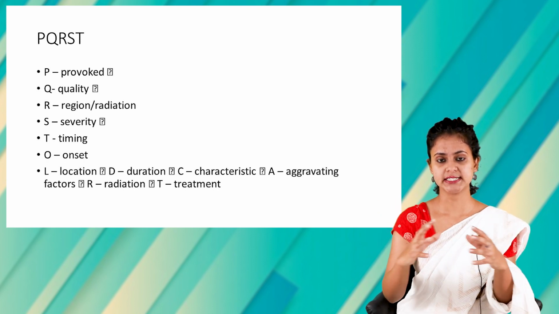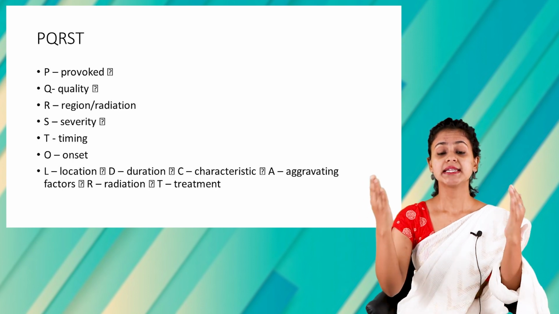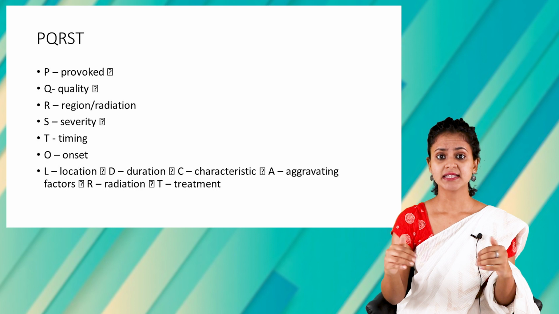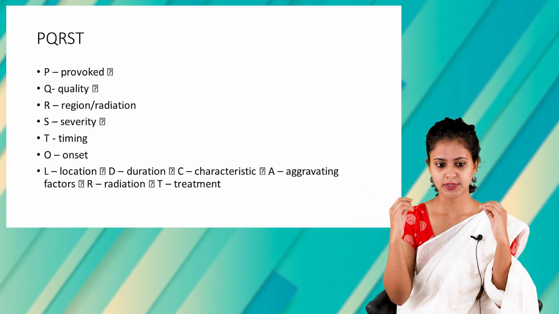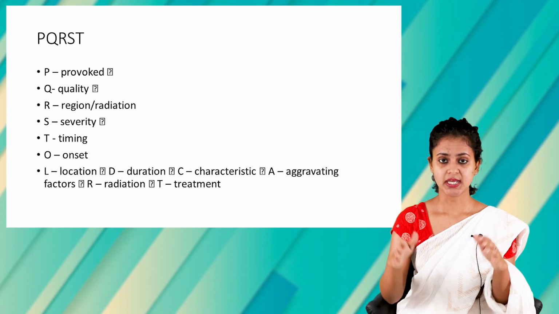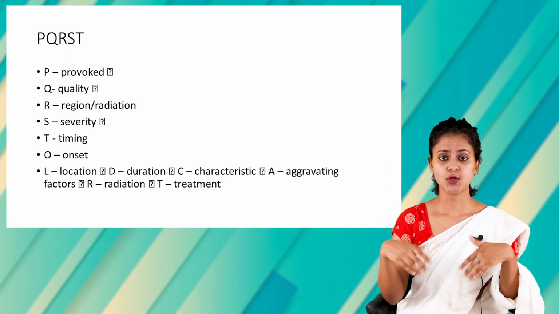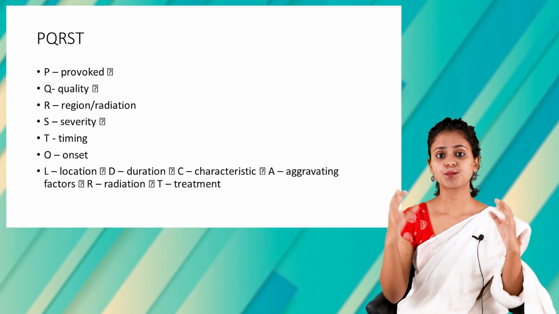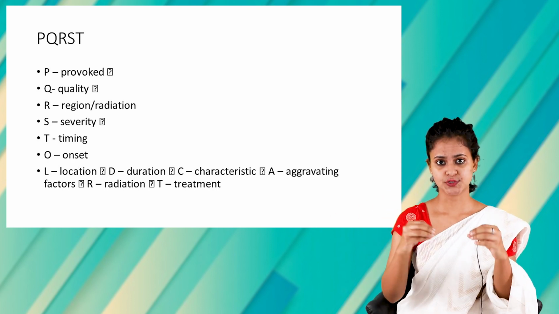Next is S, which suggests the severity of the pain. T stands for the timing of the pain. Through PQRST also, similarly to WHAT'S UP, we are going to collect the important data related to the pain.